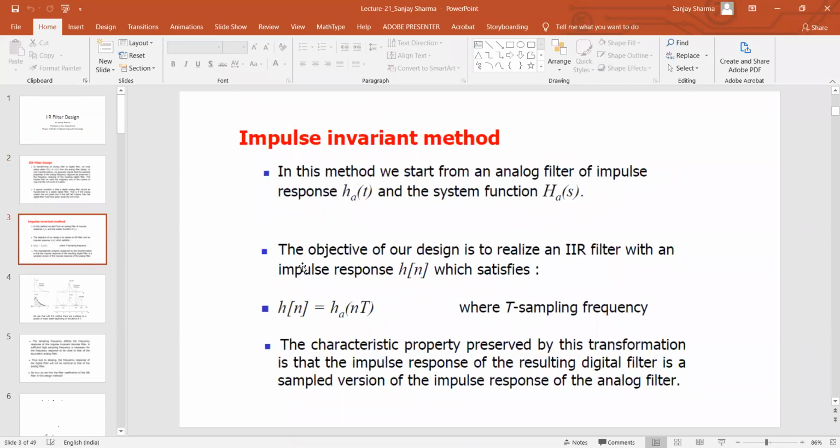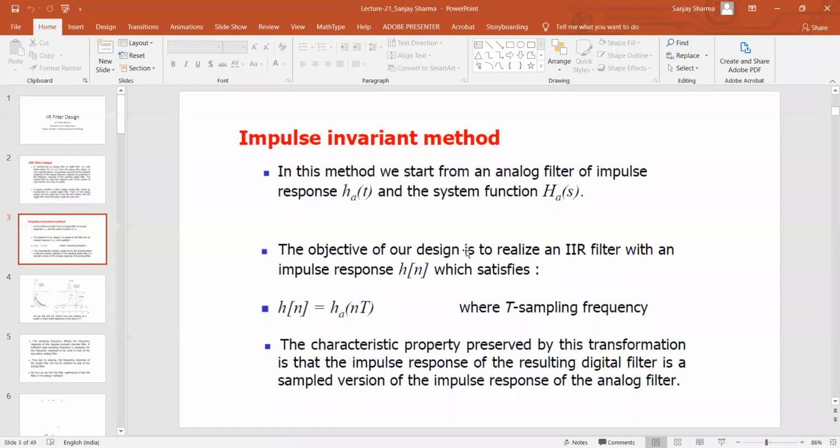Now let us look at what the impulse invariant method is. In this method, we start from an analog filter of impulse response h_a(t), and the system function is H_a(s). That is the usual practice when we are dealing with designing analog filters to digital filters.